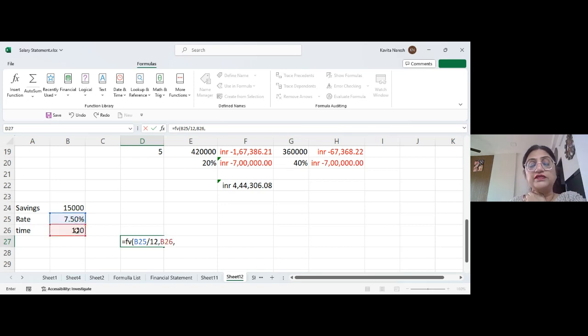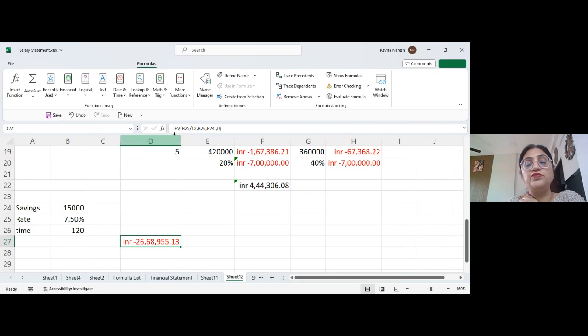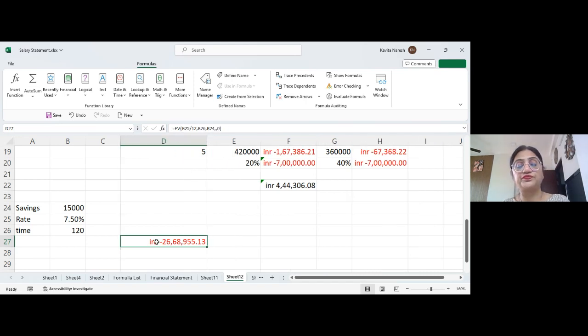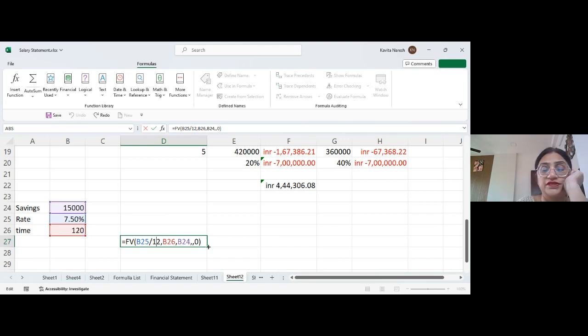Okay. Then comma. How much amount you are paying? 15,000. Okay. Then comma. PV, don't have. Comma. You will pay in the second half. See, it is giving me the amount, this one. Why is it giving me the negative?